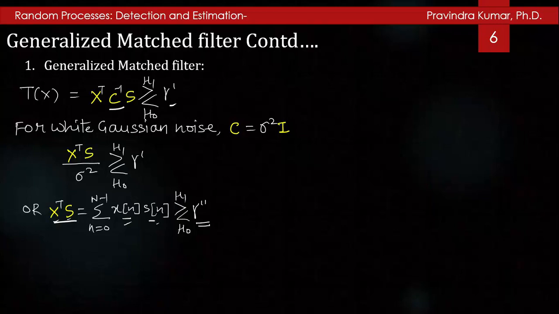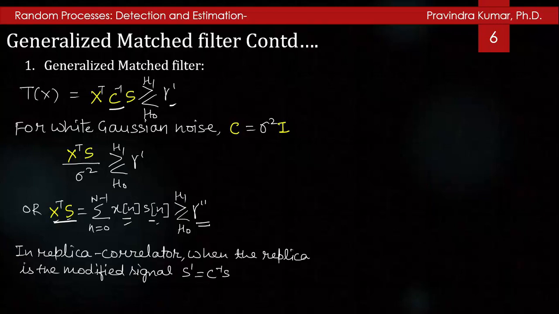Here the detector test statistic is referred to as the generalized replica correlator or matched filter. In the replica correlator, when the replica is modified as S dash equal to C inverse S, then the test statistic T(x) will be represented as x transpose C inverse S, which is x transpose S dash, because you have modified this part as S dash.